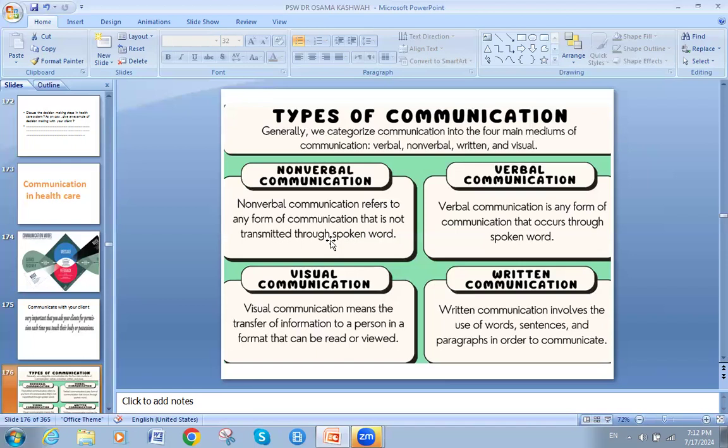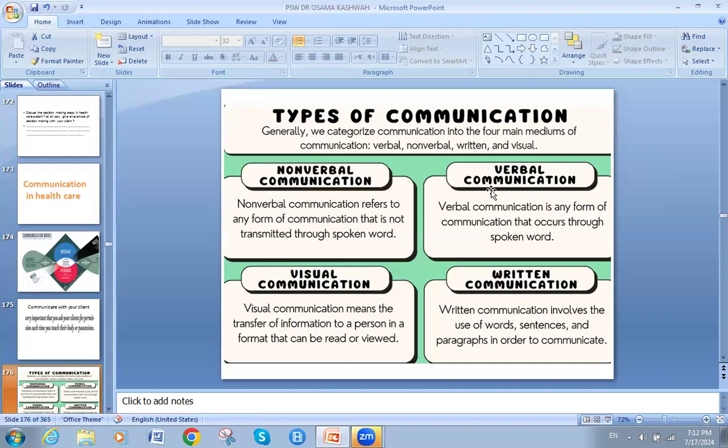Visual communication means that you communicate with the person in a format that can be read or viewed. So visual, he can see it. Like you text someone, you will see the text.